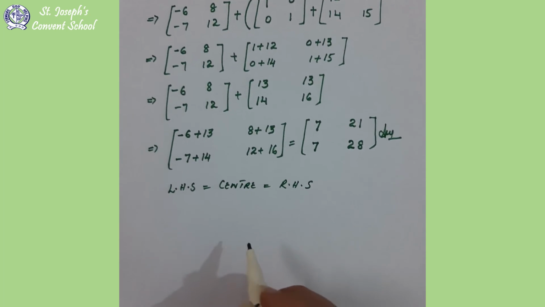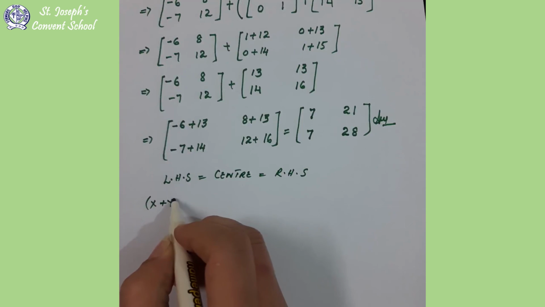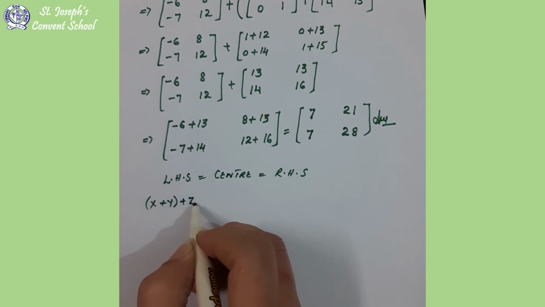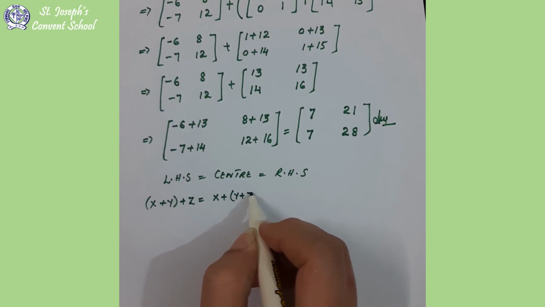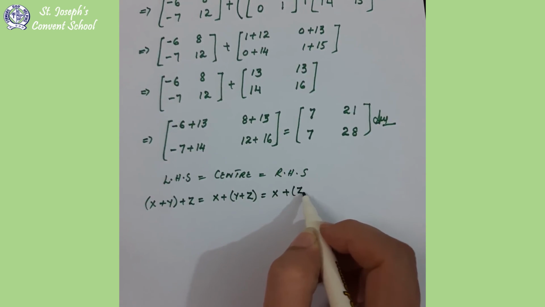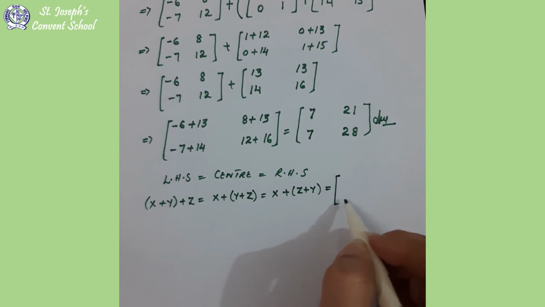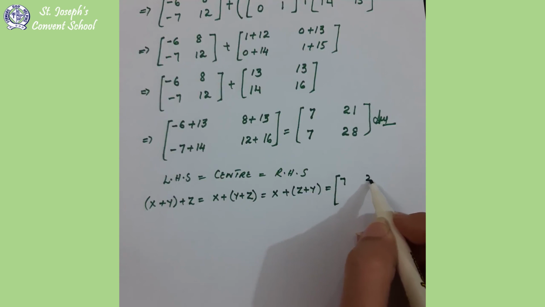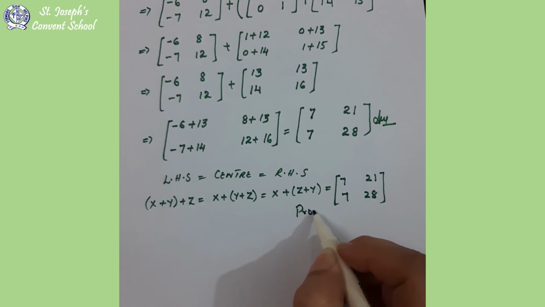So all three sides I'm going to write x plus y plus z equals x plus y plus z equals x plus z plus y, and all are equal to 7, 21, 7, 28. So it is proved.